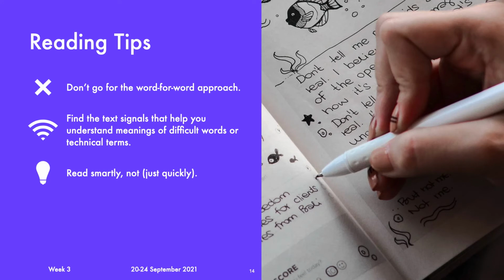So let me recap the key points for the reading tips that I have given you in the activity sheet. First of all, do not go for the word-for-word approach. I'm sure there are many technical terms or difficult words or phrases in the article. For example, you have a term called vigilant anticipation.